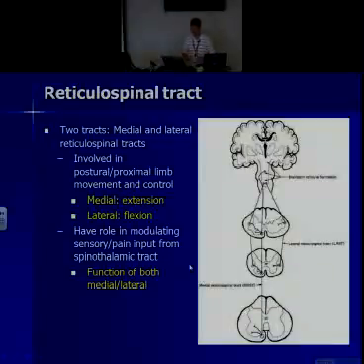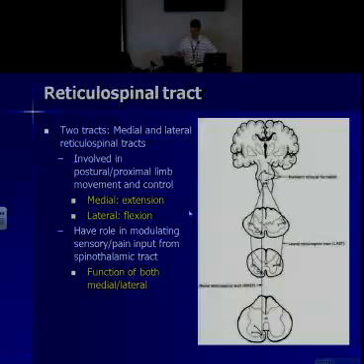Reticulospinal tract, there's two of them. And remember in our little brainstem lecture, we started discussing the ones that come out of the pontine and the ones that come out of the medullary region. And this is that continuation of what we were referring to overall. So again, you look at this and go, have a role in modulating sensory pain input from spinothalamic tract.